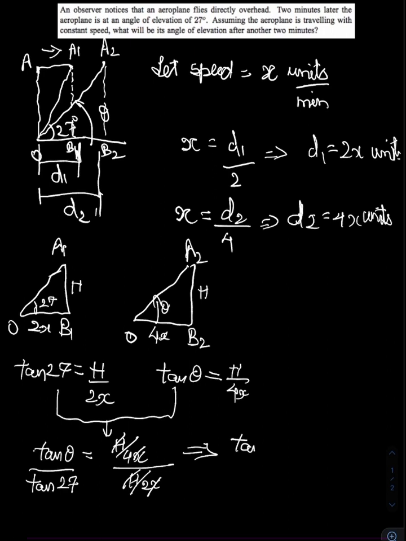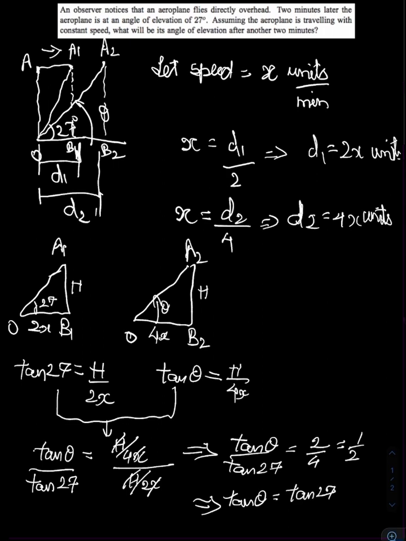We get tan theta upon tan 27 is equal to 2 by 4, which is 1 by 2. We get tan theta is equal to tan 27 by 2. Using a calculator, we can get theta is equal to 14.29 degrees if I round it up to two significant figures.